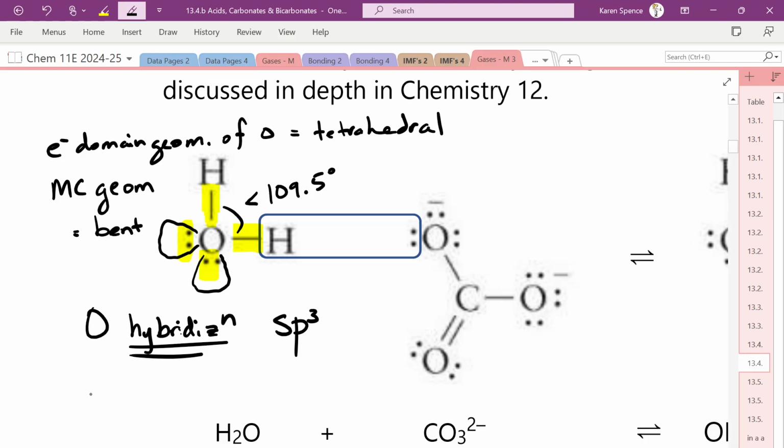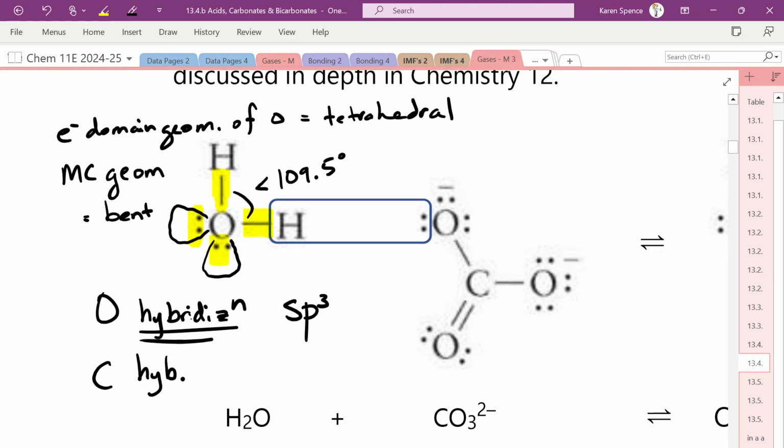What is the carbon hybridization in the CO3 2-? sp2. All right, so we got sp2, and that means what is our molecular geometry around the C?